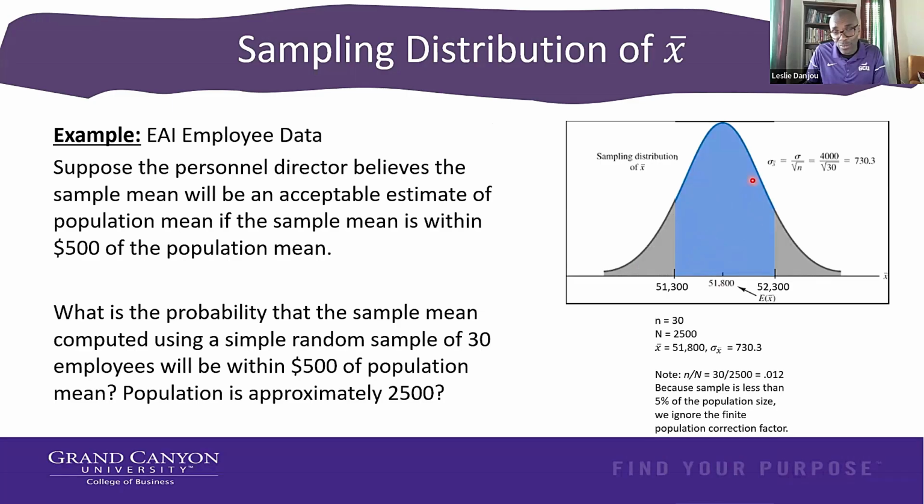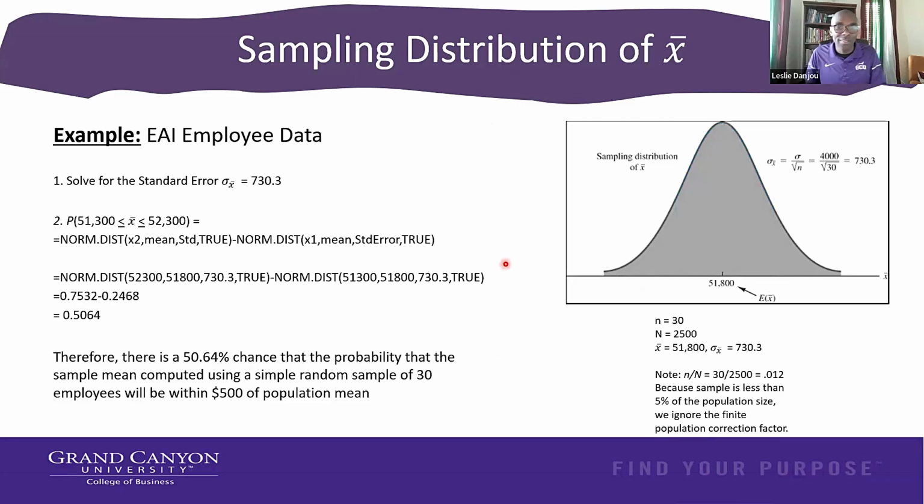This is the area that we're concerned about. What is the probability between this area, within 500 of your mean? How do we do this? We first calculate the standard error, then we calculate your probability. In essence, this area right here is 50% of your data.